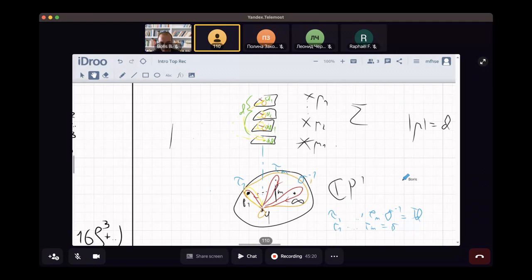But now we want to compare the numbers. In the combinatorial definition, you take all possible ways of representing the permutation of a given cyclic type as a product of transpositions, and then divide by size of mu factorial and our additional factor of 1 over m factorial.